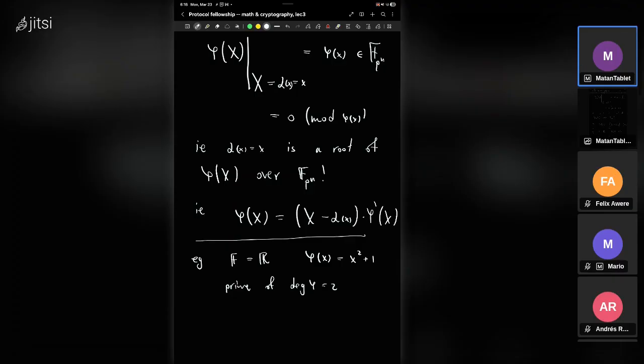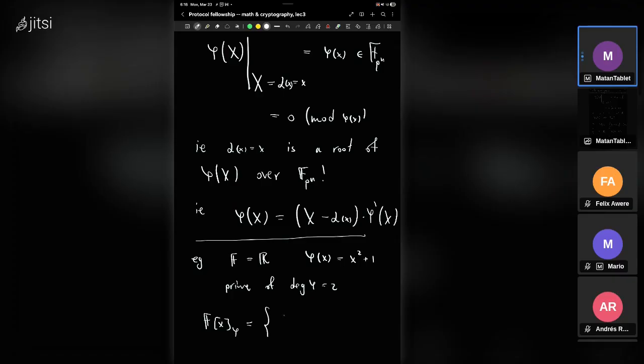Now I do the remainders. F, we called it, I think, F_phi or F[x] sub phi. This is the set of all remainders if you do division modulo phi. If you do division modulo phi, the remainder can only be a polynomial of degree at most 1.